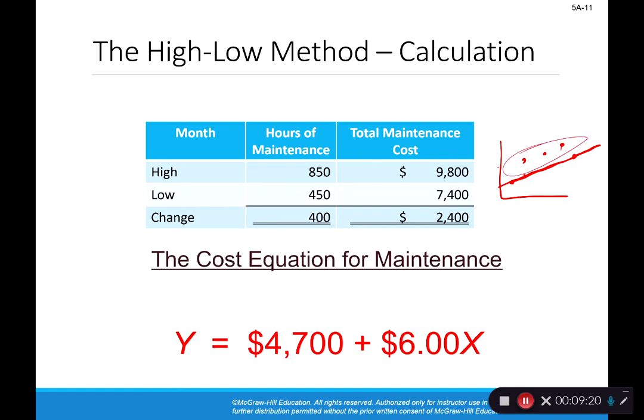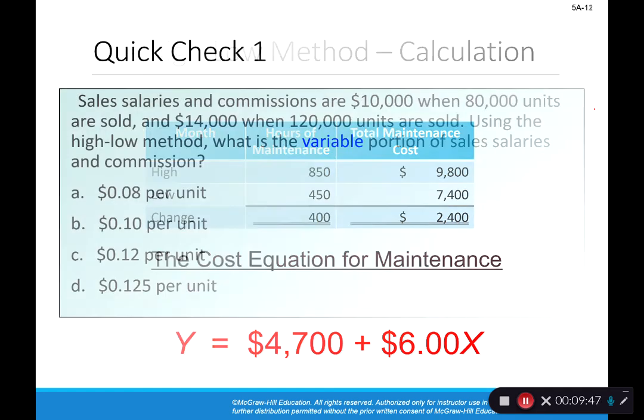It looks like all these dots are kind of left out of the equation when we do it this way. So it really depends on where the high and the low dot end up being to determine how accurate this is. So it's not the best method, but it's quick, it's easy, and it is a method that'll allow us all to arrive at the same conclusion.